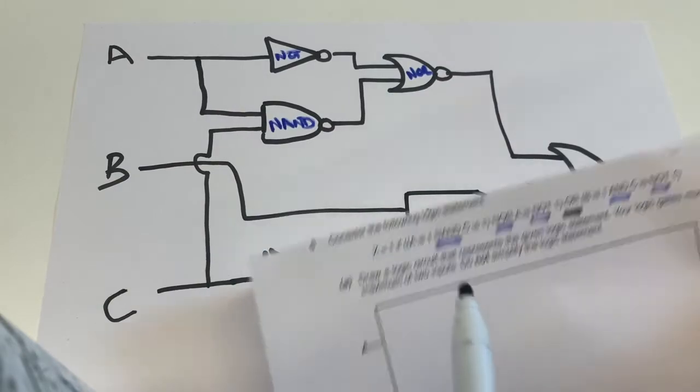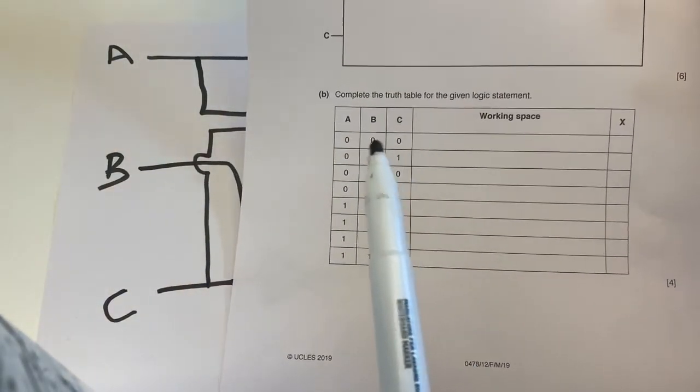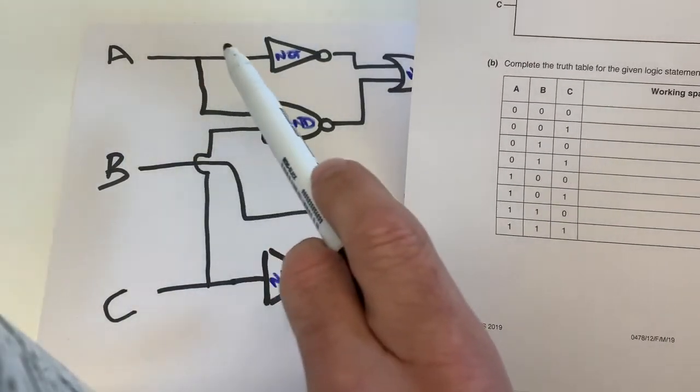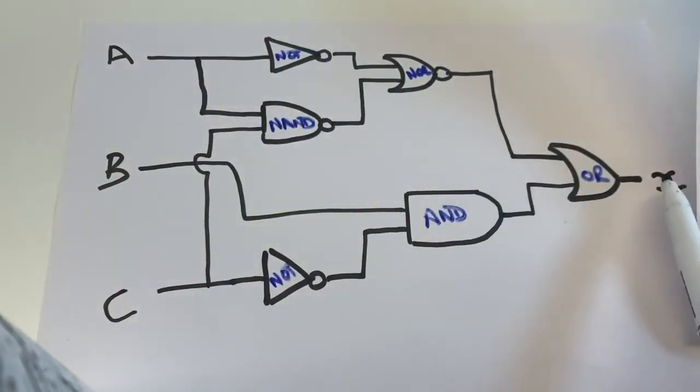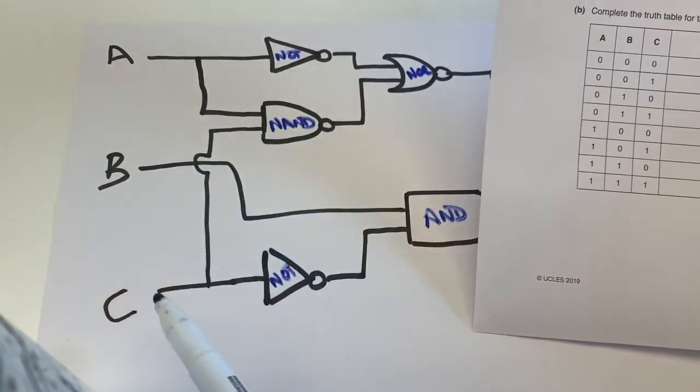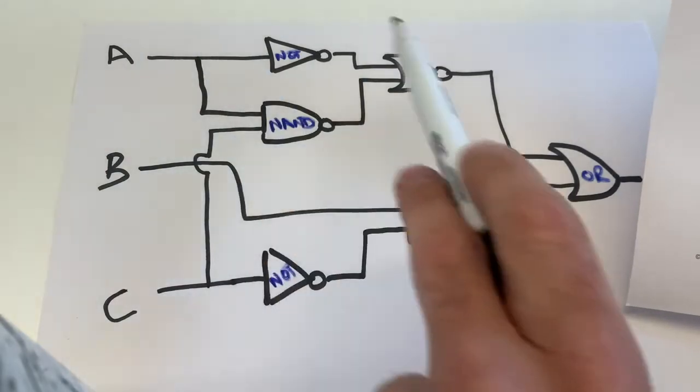Okay, good. Now in terms of this one, we've got these things going in here, A, B, and C. If they're all set to 0, what will X be? If A is off, B is off, and C, well, we've got to work those through. We've got to put them through.